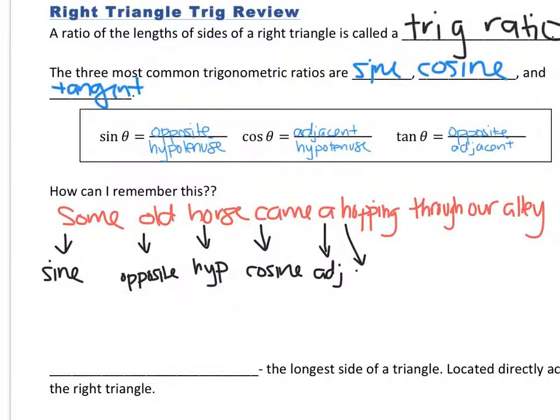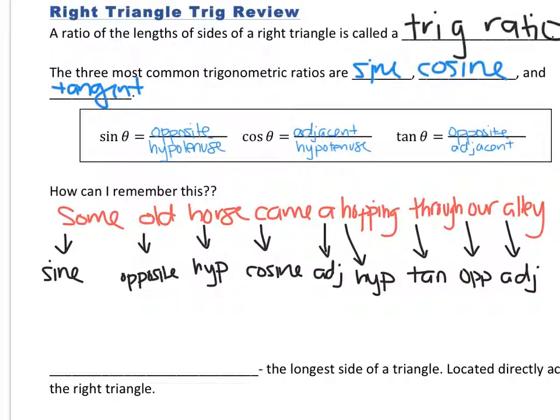This H is for hypotenuse. So cosine is adjacent over hypotenuse. This T is for tangent. O is for opposite. A is for adjacent. So tangent is opposite over adjacent.